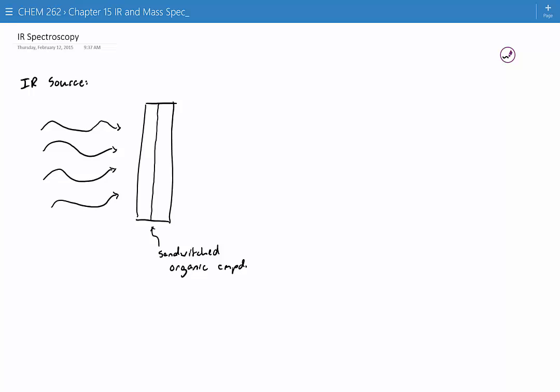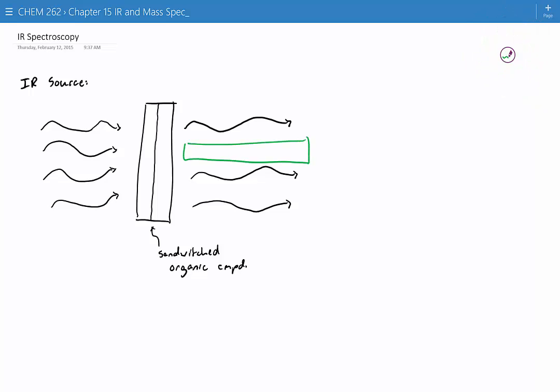What happens is much of this light is just transmitted through, right? So it just goes straight through the sample. It's fairly transparent. But at some frequencies, the light is absorbed, right? So at this frequency, the light was absorbed by the sample.